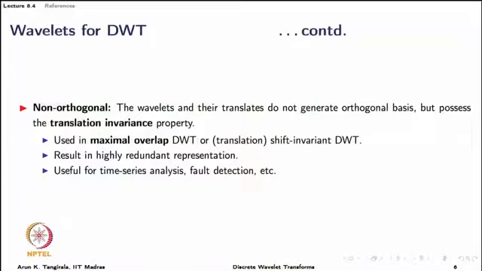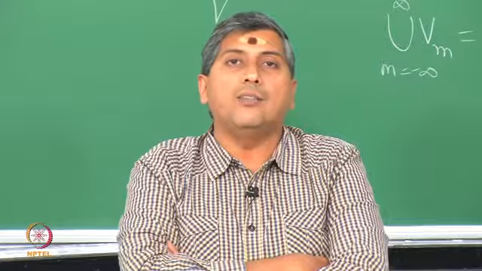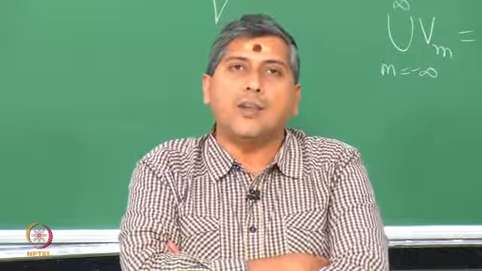Now, finally, we have non-orthogonal wavelets. These wavelets are also popular for one reason. When I use orthogonal wavelets, which are used widely for signal estimation and signal compression, despite having many advantages, one of the key disadvantages of the orthogonal wavelets is that they are not shift invariant or translation invariant.